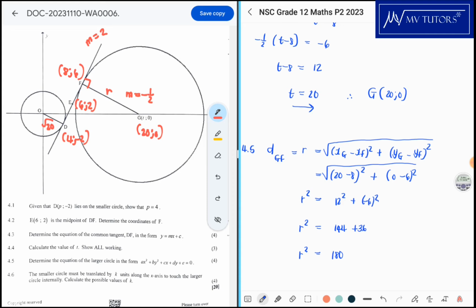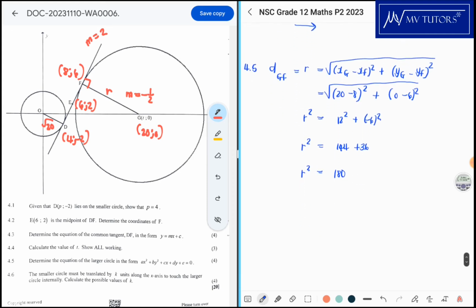But it's all good. We'll leave it at 180. Now let's get the equation of the graph. So we know the equation of the circle. So we know with the circle that's not at the origin, we say (x minus a) squared plus (y minus b) squared, with a and b being the center, and that is equal to r squared.